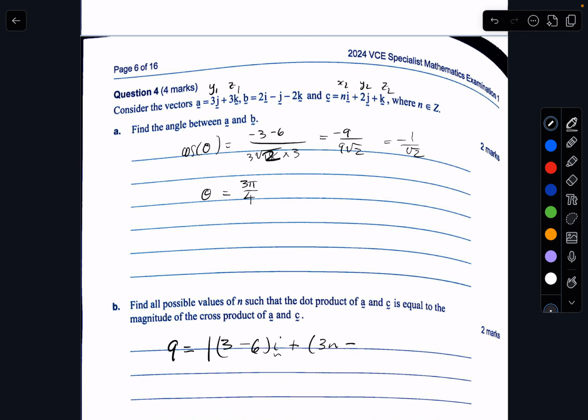So x1, there's no x1, and that's 0, so 3n j. And then plus x1, there's no x1, and then minus x2, y1. So x2 is n, and y1 is 3, so negative 3n k.